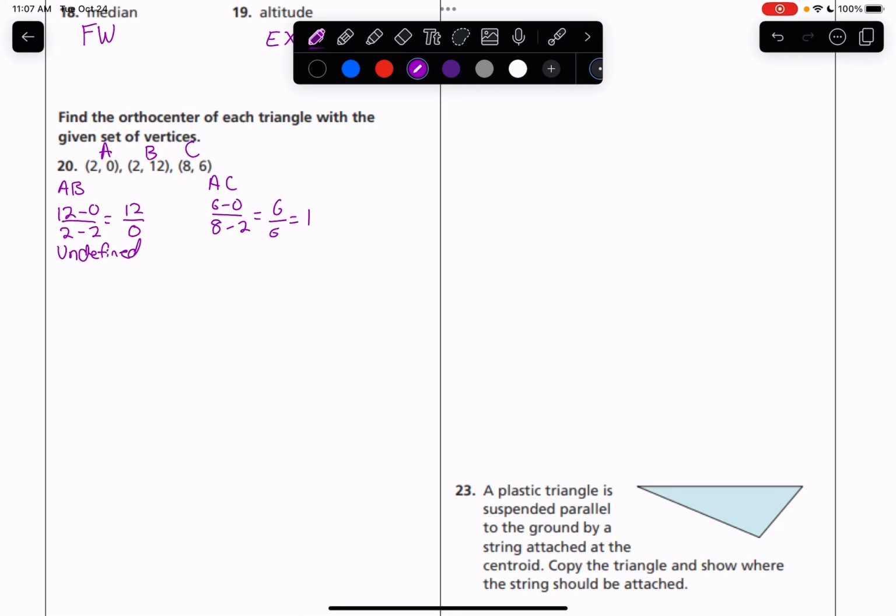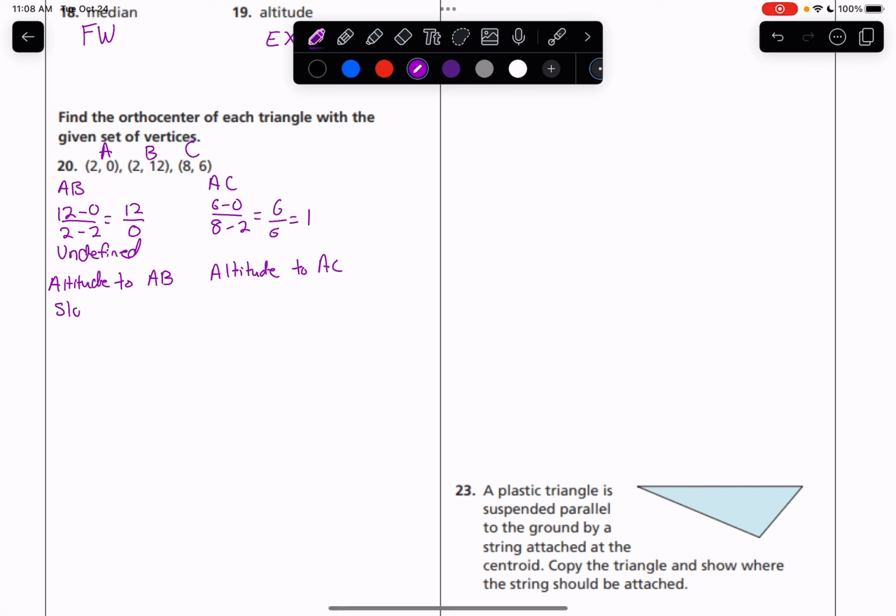So then we find the equations of some altitudes. So I'm going to say altitude to AB. It's going to hit AB. Ooh, there's some thunder outside. And altitude to AC. It's going to hit AC. So the opposite reciprocal of an undefined slope is a slope of 0.